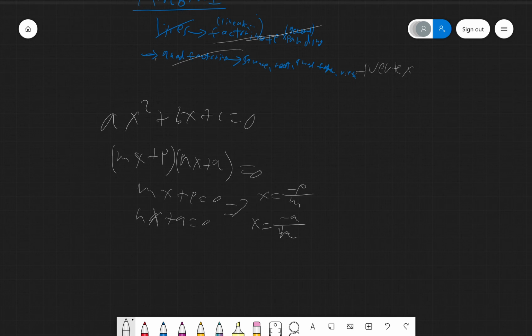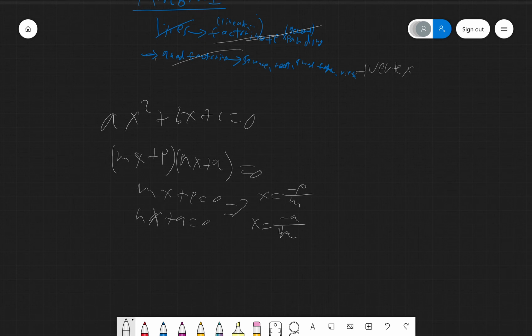And that's because when you have a cubic equation, where the highest exponent of x is 3 rather than 2 as in a quadratic, you'd have up to 3 solutions.